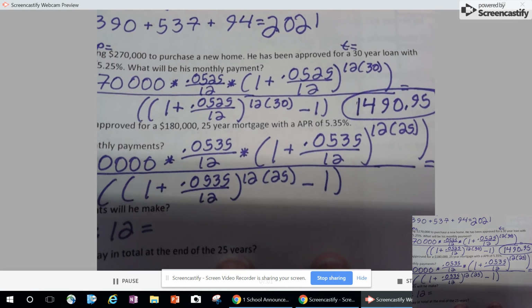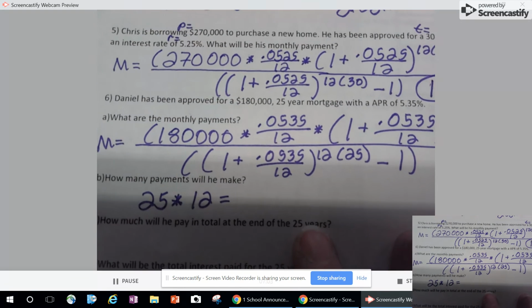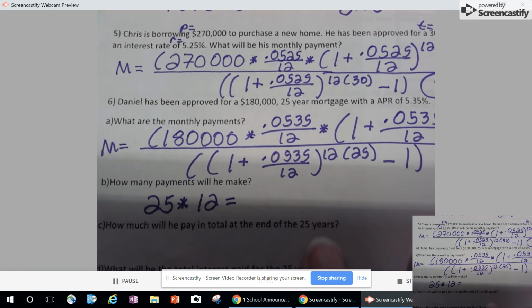Okay, let's go ahead and do the same thing for Daniel. So remember, you can go back up, press enter to copy it, and then you can just change the percents and the numbers.